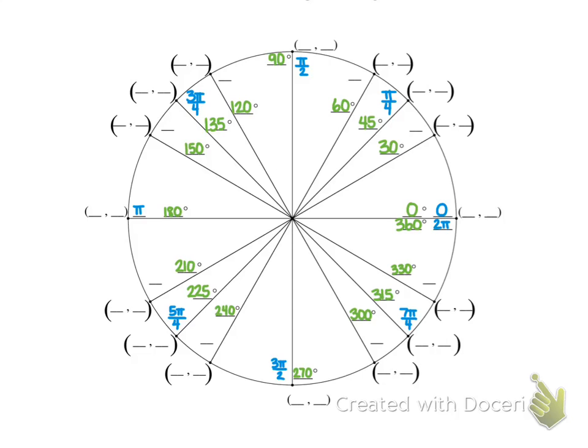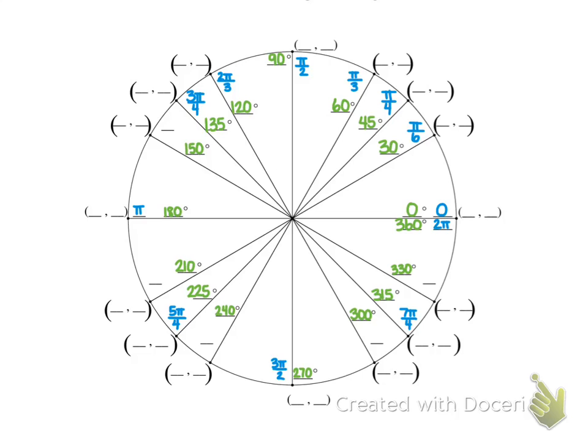Okay, now we're going to split up into sixths and thirds. So the first angle is pi over 6, and then at 60 degrees, that's pi over 3. So you can think of it as 1 pi over 6, and then 2 pi over 6. 3 pi over 6 is the same as pi over 2.